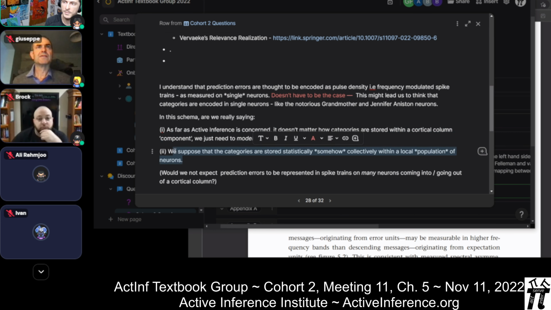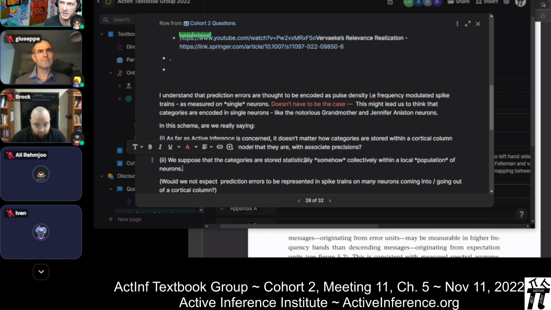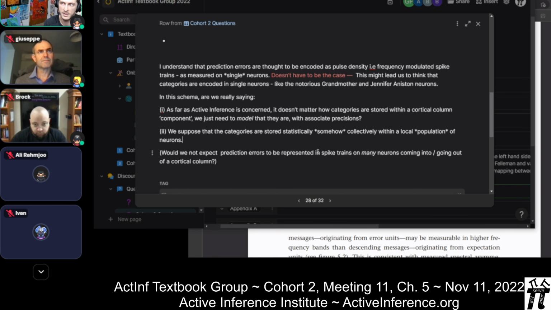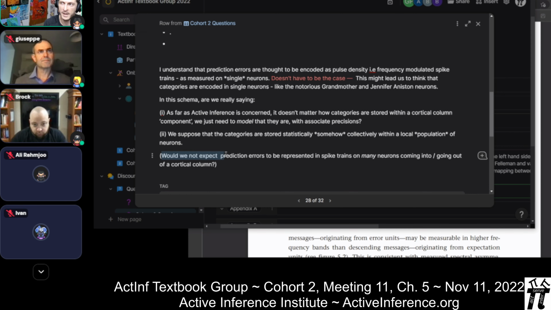So that's an easy instrumentalist position that can always be taken. And we suppose that categories are stored statistically, somehow collectively within a local population of neurons. That's an empirical hypothesis. One could test whether a population rate code or an area of activity or other aspects of neural function that aren't even as commonly discussed, depending on the specific question, come into play. Would we not expect prediction errors to be represented on spike trains on many neurons coming into and going out of it?